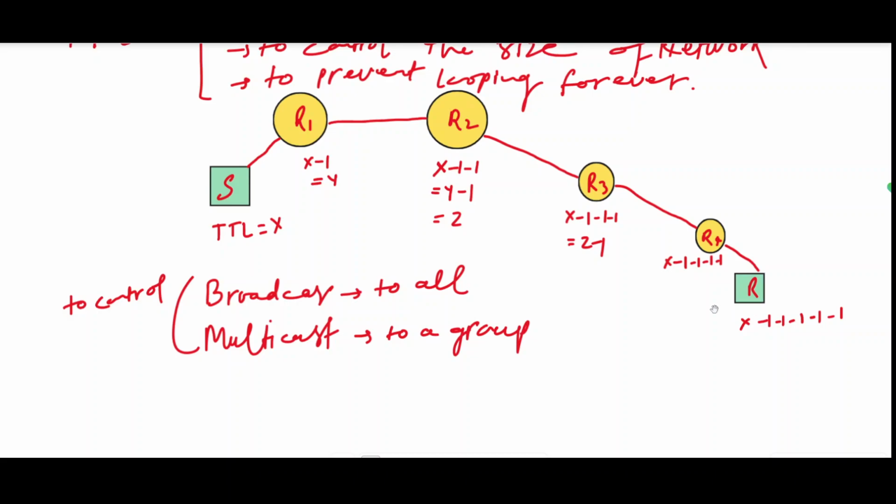That means the TTL field is set by the sender of the IP packet. Who is setting this TTL? The sender is setting it, because the sender wants to send to this destination only. So this TTL will be set by the sender. Clear?